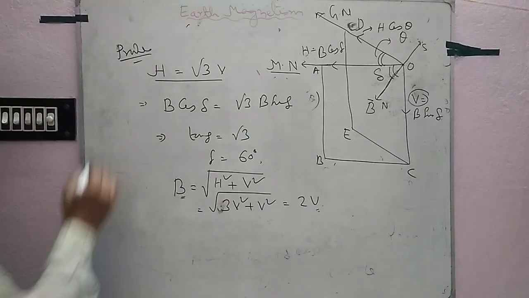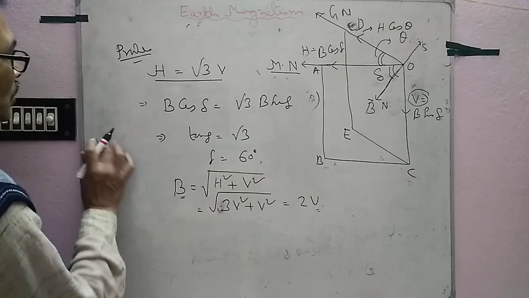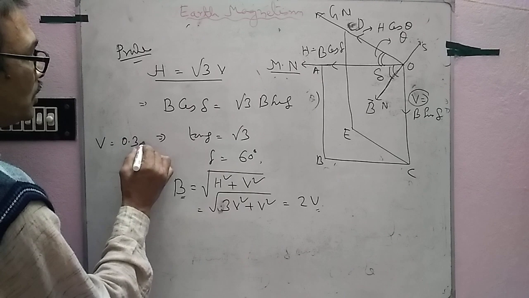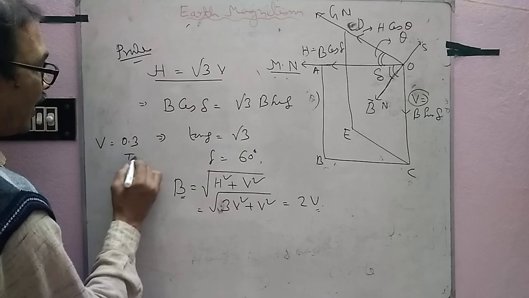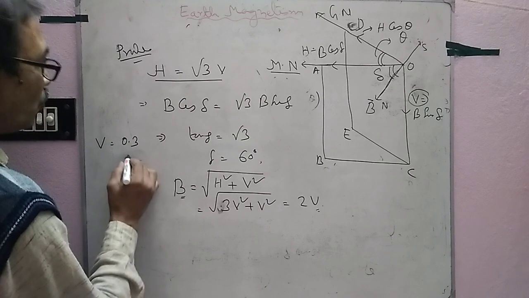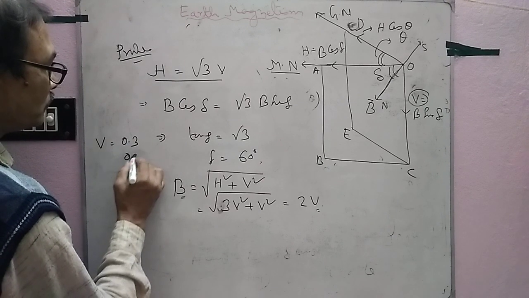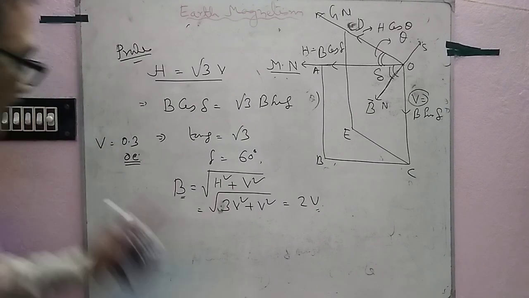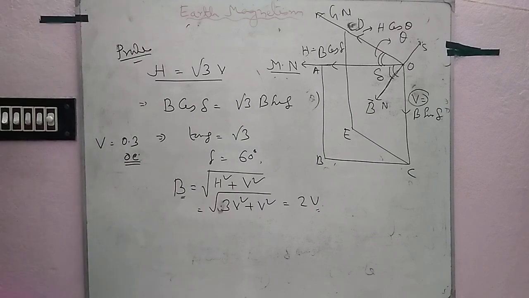So suppose V equal to 0.3 Tesla, or 0.3 Oersted, Oersted in the CGS system. So what will be the value of B?